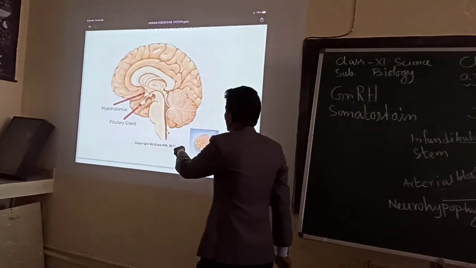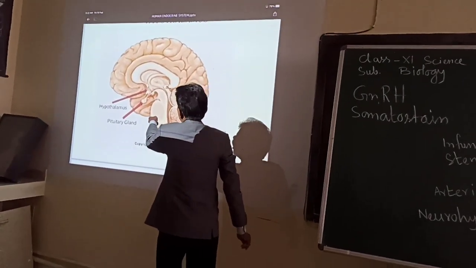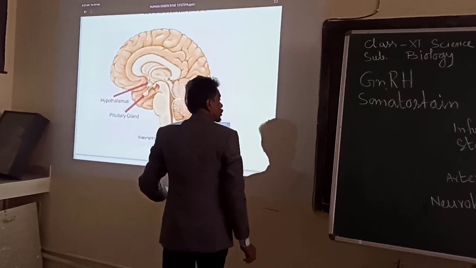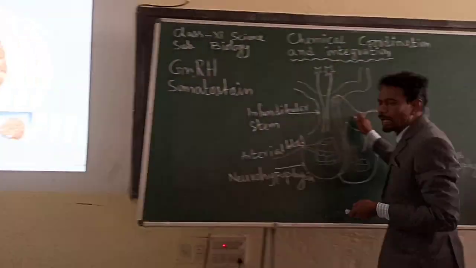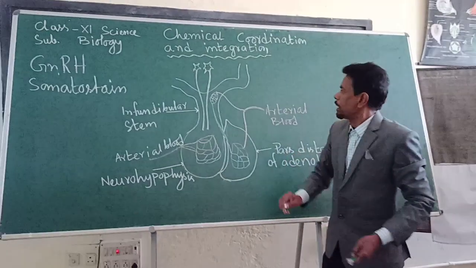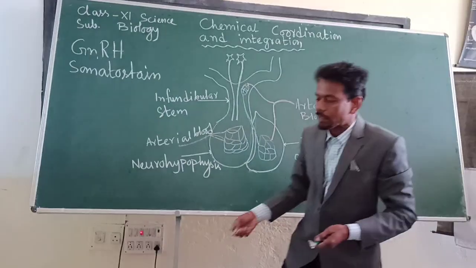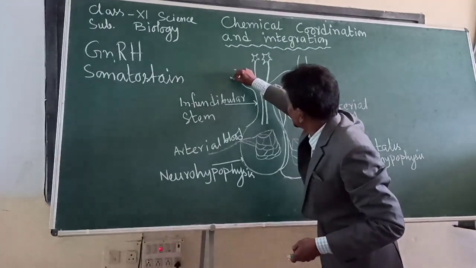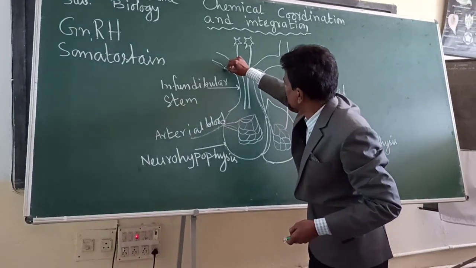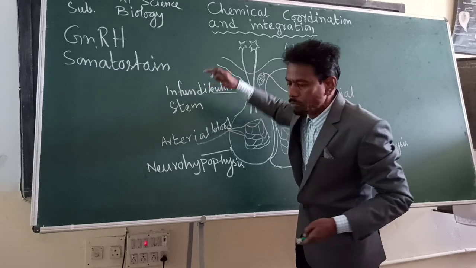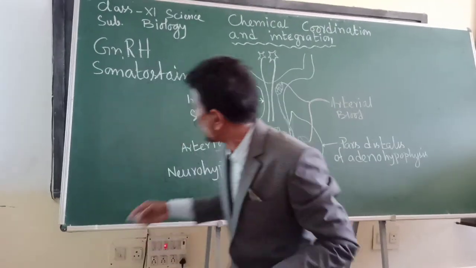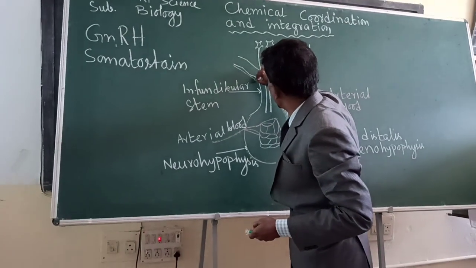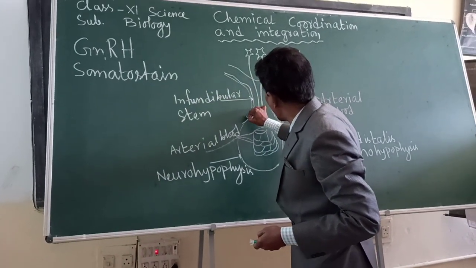This is the pituitary gland, a stalk-like structure joined with the hypothalamus. I have drawn the pituitary gland separately here. See, the pituitary gland is covered within a bony cage on the outer surface, within the skull. Let me use some other color of chalk so that it will be clear.